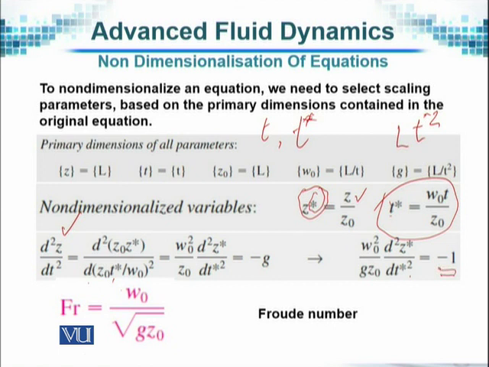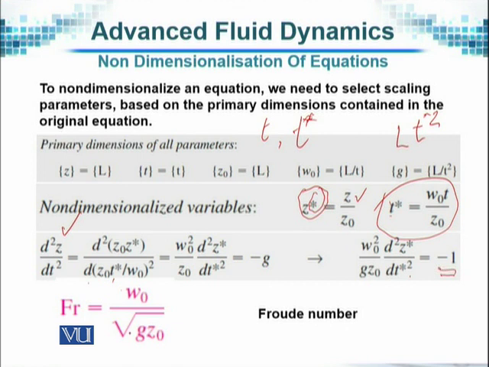The ratio W naught over square root of G times Z naught is known as the Froude number. The Froude number is a ratio of inertial forces or momentum forces divided by gravitational forces, because they are the two that are occurring.